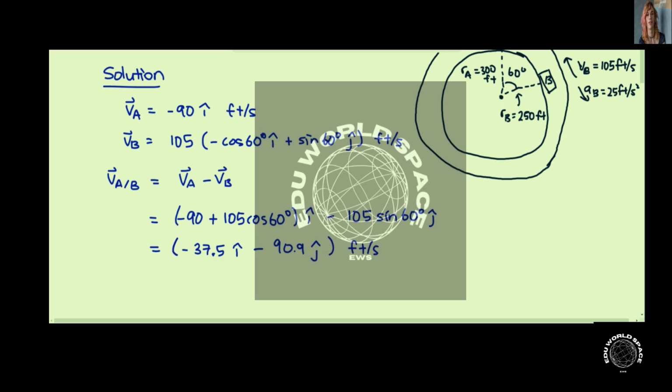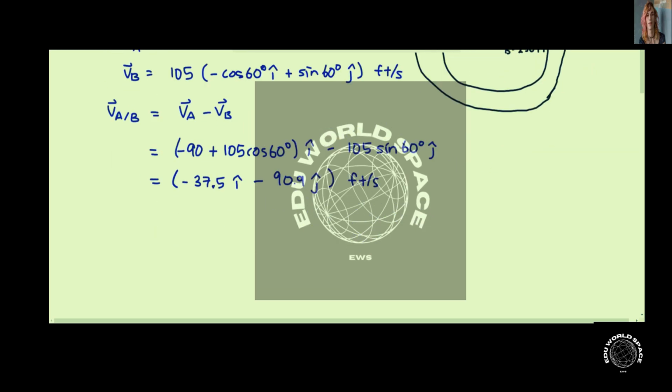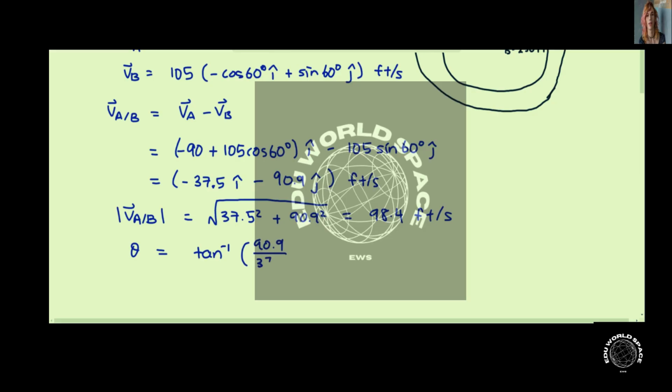From here you can calculate the magnitude of the relative velocity. It is equal to the square root of 37.5 squared plus 90.9 squared, and you get 98.4 feet per second. The direction is the tangent of 90.9 divided by 37.5, which is 67.6 degrees.